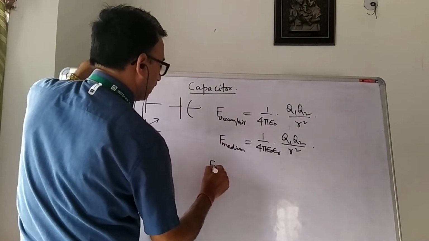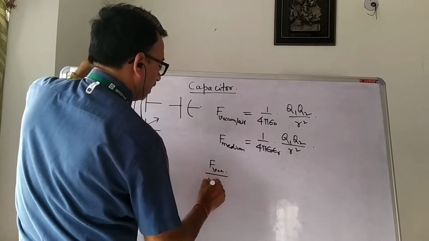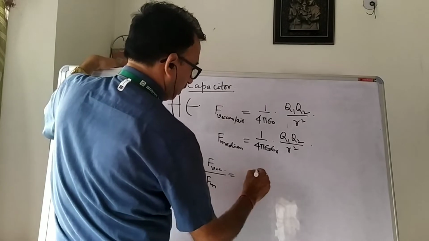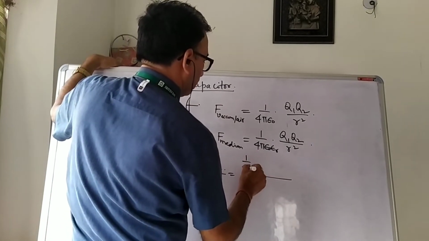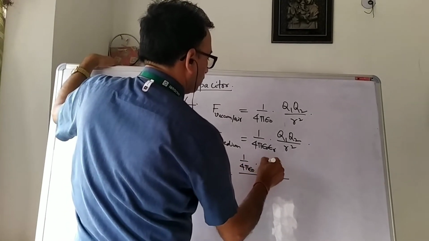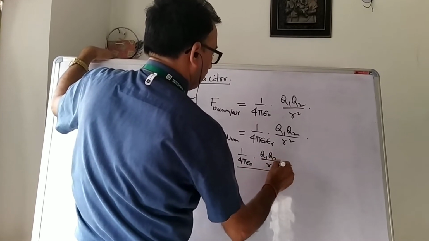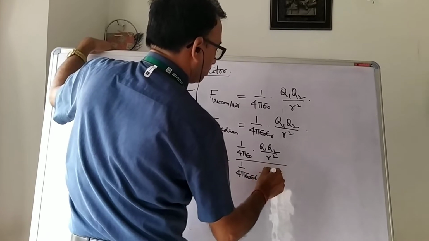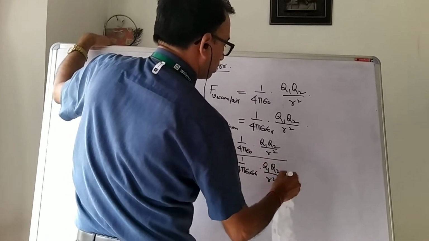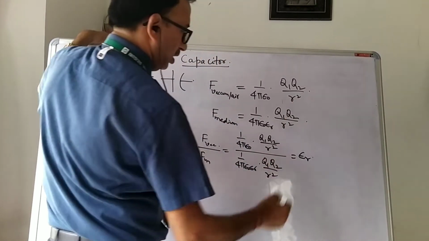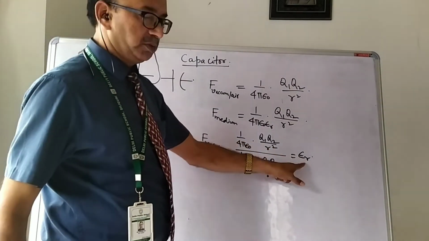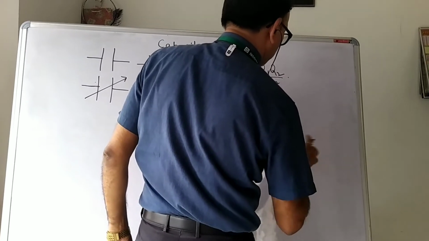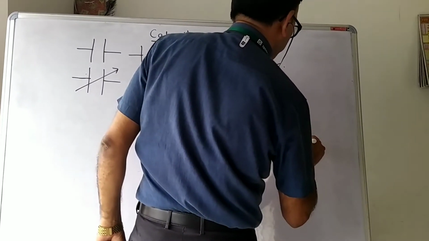Now if you divide F vacuum by F medium, what you get is 1 by 4 pi epsilon naught Q1 Q2 by R square over 1 by 4 pi epsilon naught epsilon r Q1 Q2 by R square. So this is epsilon r. This is called relative permittivity, and this is also called the dielectric constant.